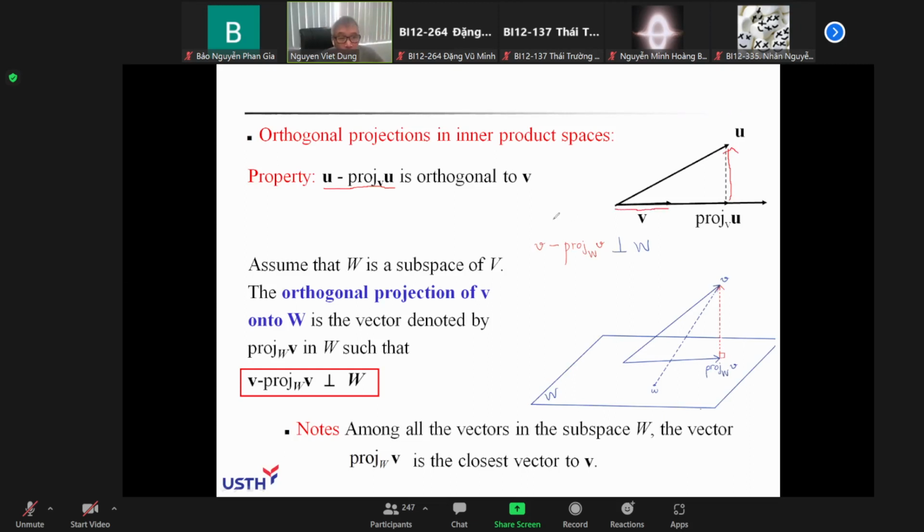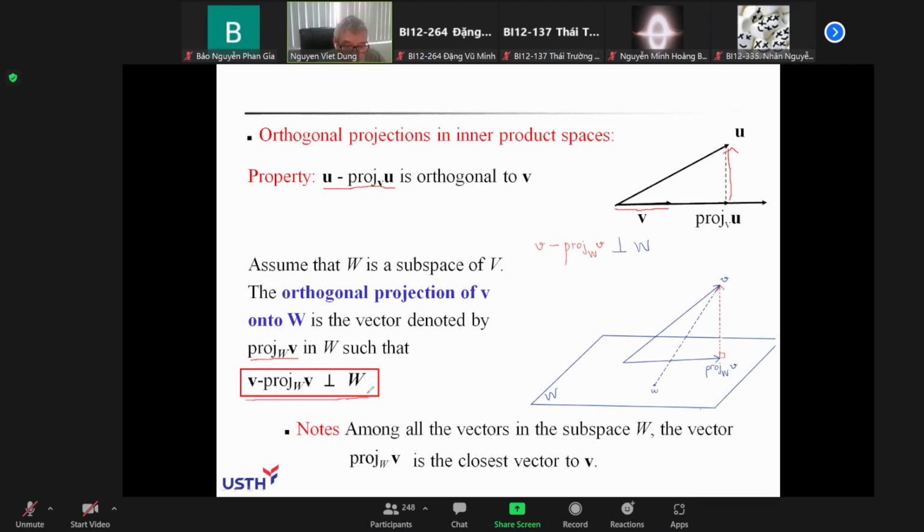And we are going to use that property to define the orthogonal projection of a vector V onto a subspace W. Now assume that W is a subspace of V. Then the projection of V on W is a vector denoted by that, and that vector must lie in the subspace W, and it satisfies that property.